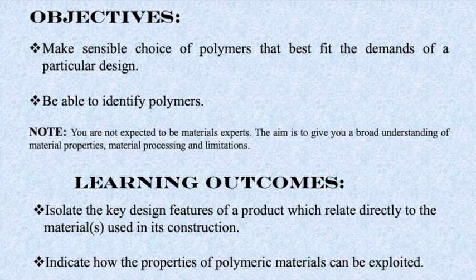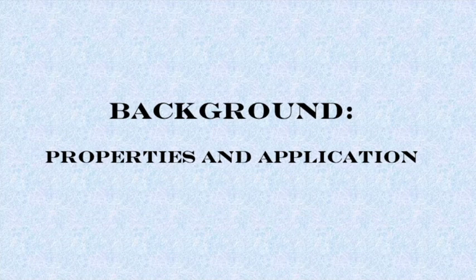If you can do that, that would be awesome. That's all you need to know about polymers or metals or anything else that I'll be doing with you. And to a lesser extent, you should be able to indicate how properties of polymers can be exploited.